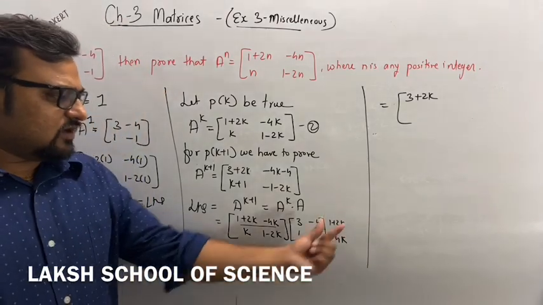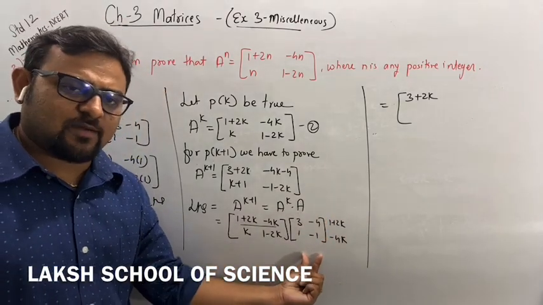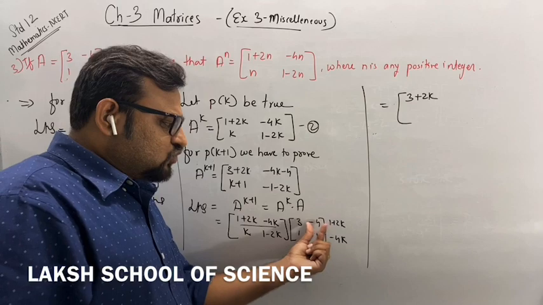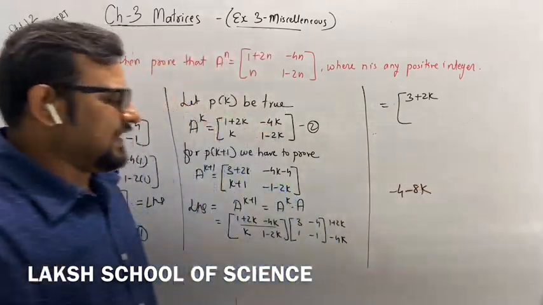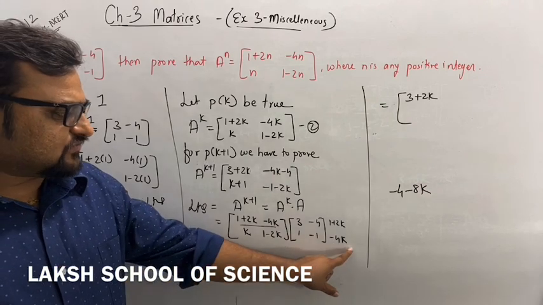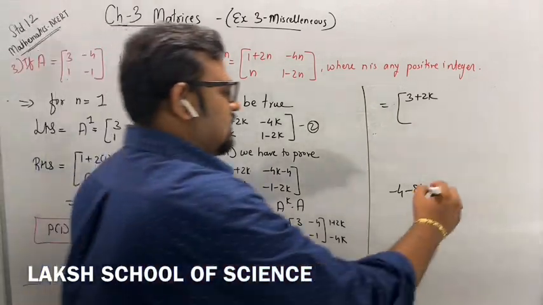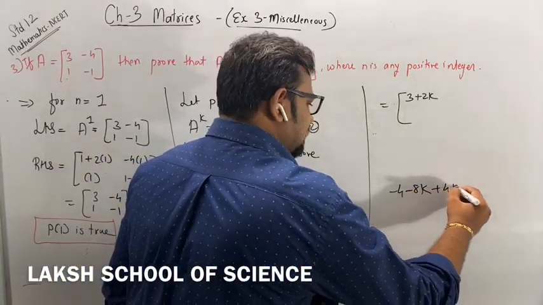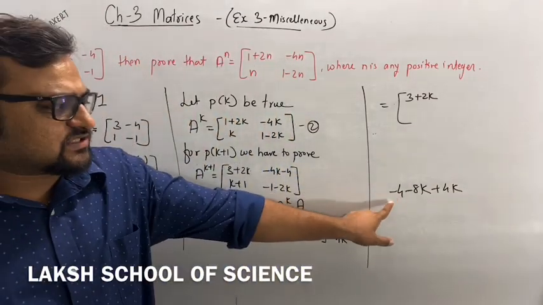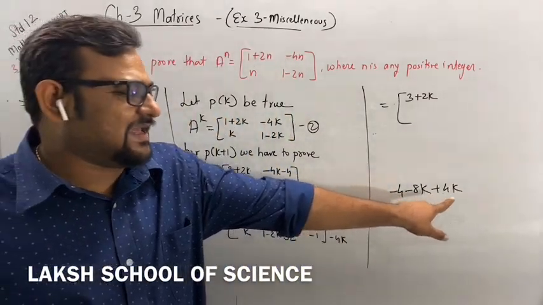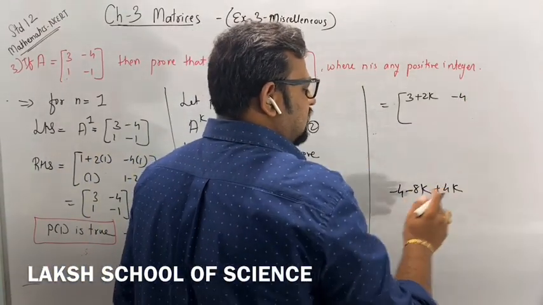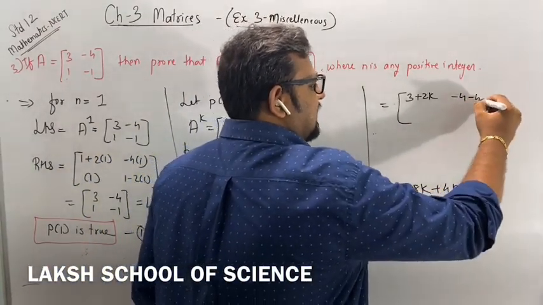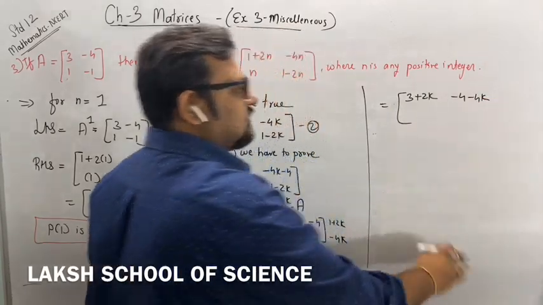Clear? Now with the second column, 1 plus 2k into minus 4, minus 4 minus 8k, and minus 4k into minus 1, plus 4k. So it's minus 4 minus 8k plus 4k, so it will be minus 4 minus 4k.